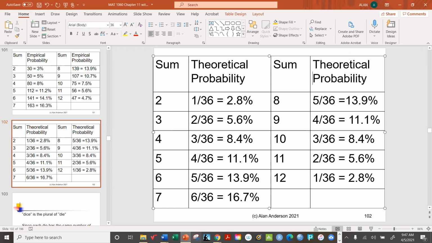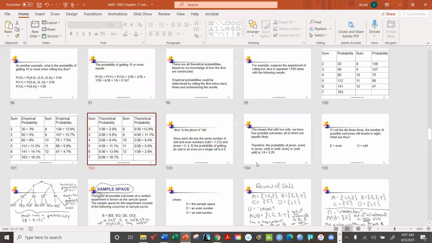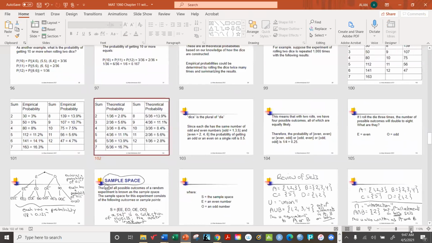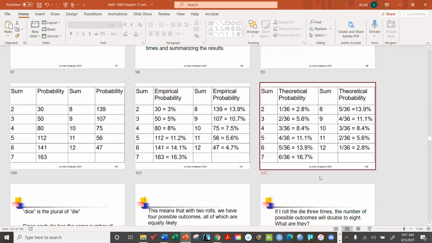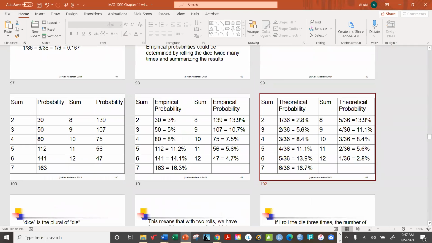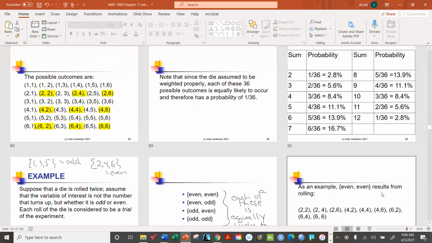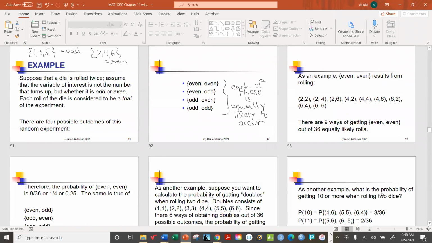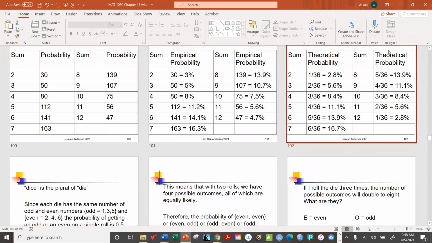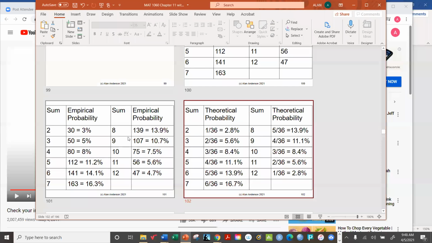Okay, if I do this properly, I might just be able to show them to you side by side. Okay, so you can just about see them. You can see, here we go. That's not too bad. You can see they're not radically different from each other, but they're not identical either, are they?